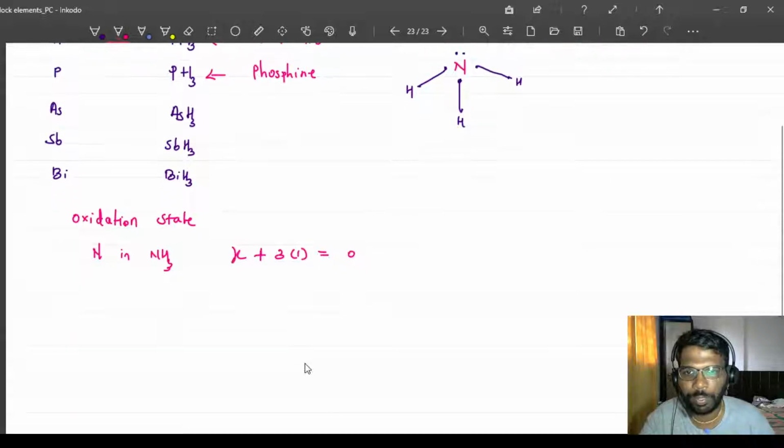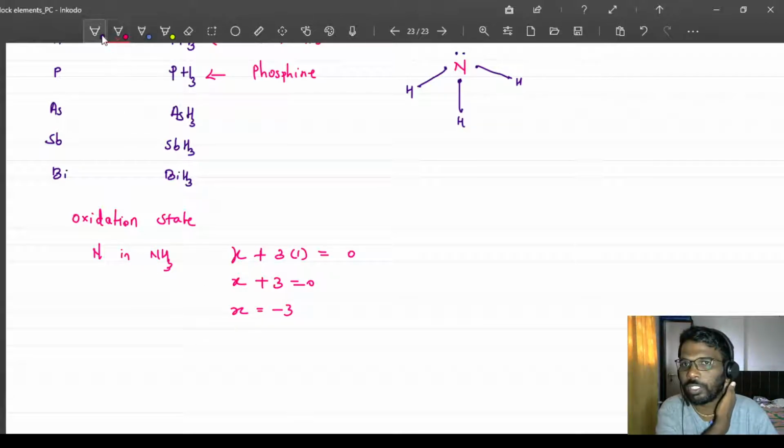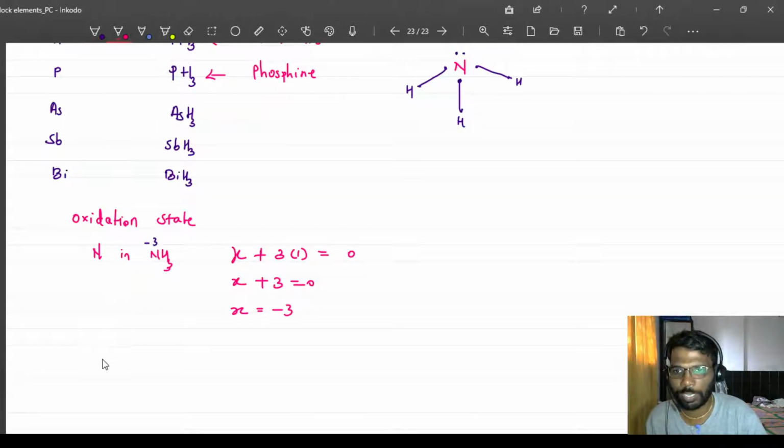So X plus 3 is equal to 0, and X is equal to minus 3. This is the oxidation state of nitrogen in ammonia.